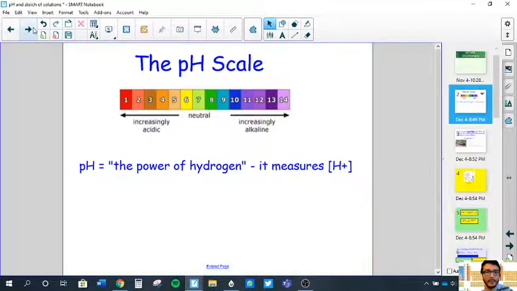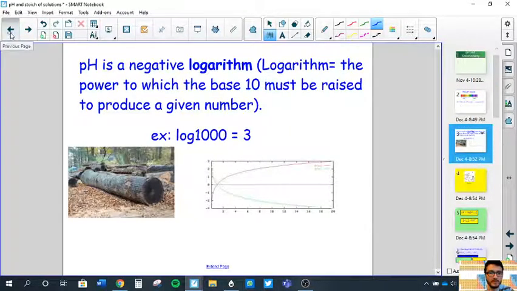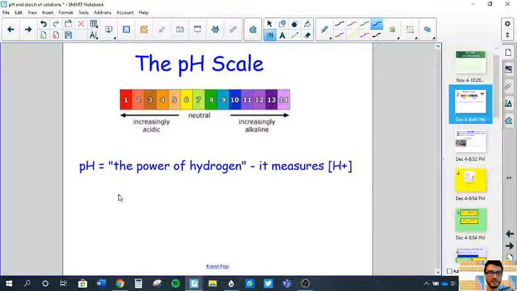Okay. So pH stands for power of hydrogen. What that really means is it measures in a logarithmic scale the concentration of hydrogen. Something I should say about this.